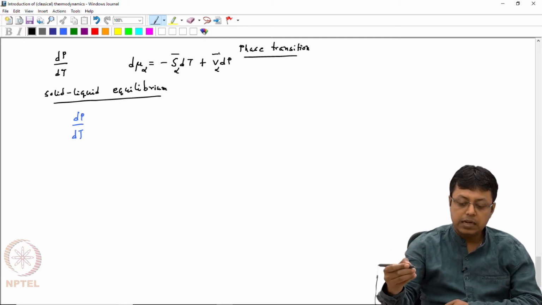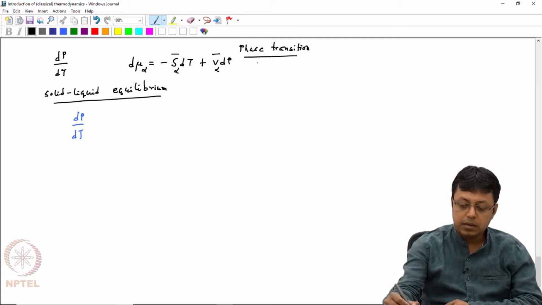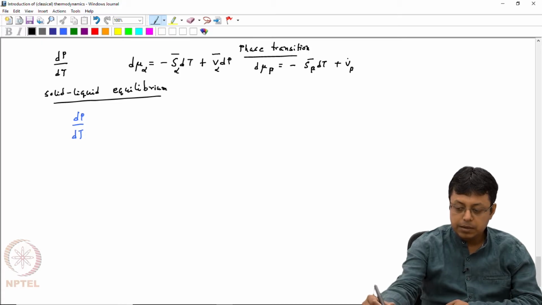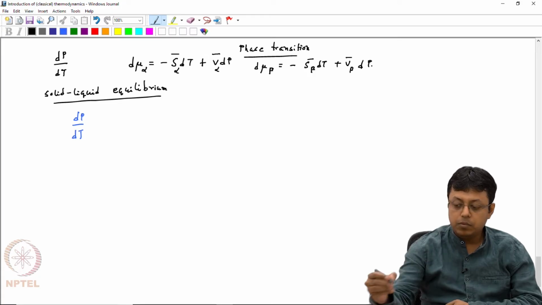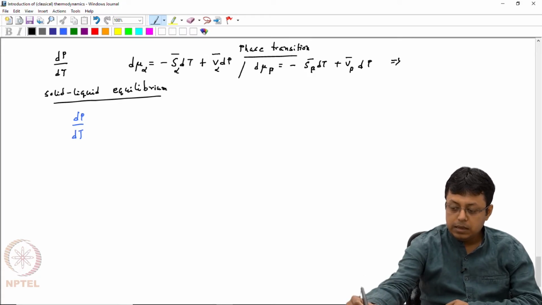Similarly, we can write it for another phase, beta: dμ beta is minus S beta dT plus V beta dP. At equilibrium, we know that dμ alpha equals dμ beta.